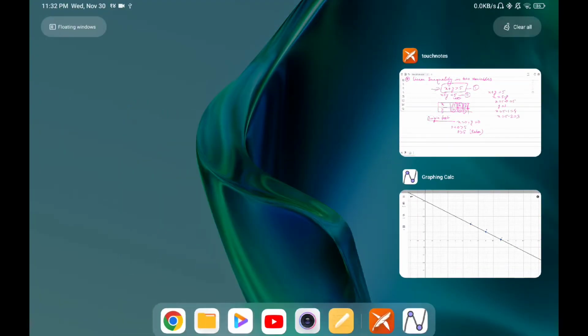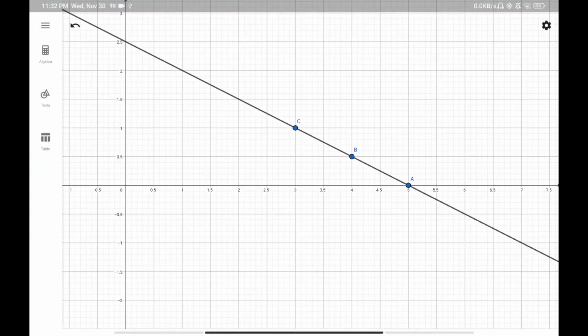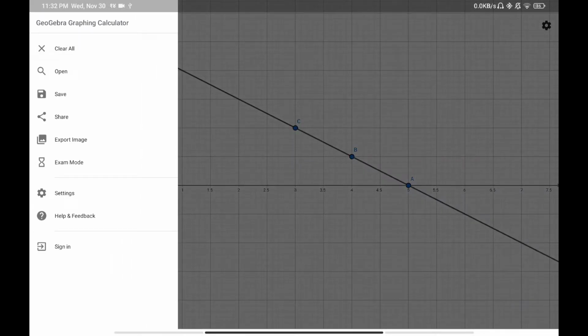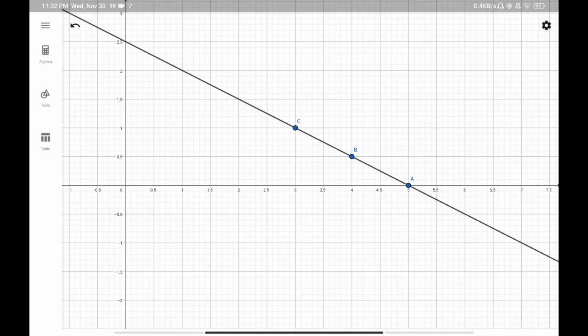We have two regions here separated by this line. The origin falls on the lower side of this line, so we'll not shade this part. We'll shade another part, the other side which does not contain the origin.